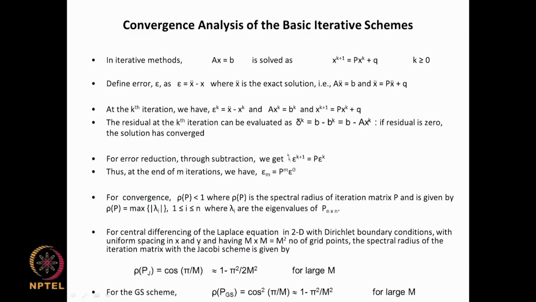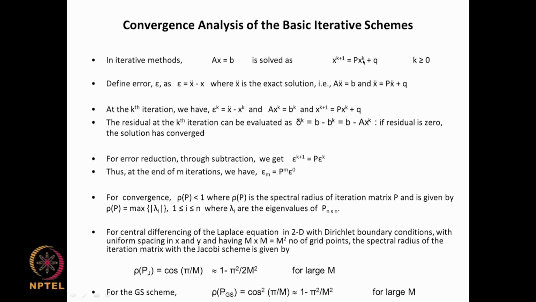Okay. So if we have this one here and we have this, if you subtract this from this, you get x double dot minus x k plus 1 is epsilon k plus 1. So the error at k plus 1 is p times x double dot minus x k. So that is error at k, and q will cancel out.